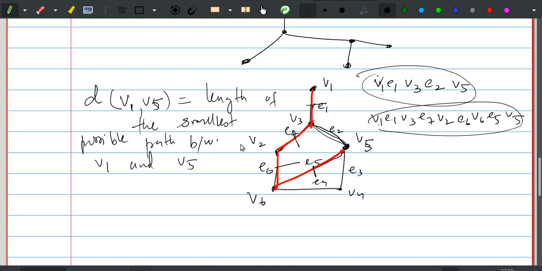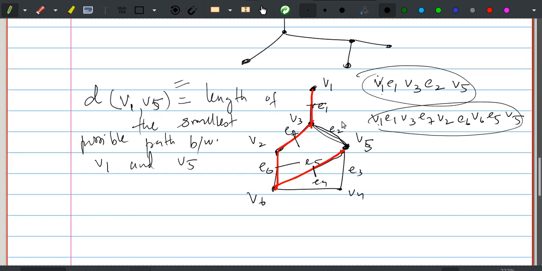If there is no path which connects v1 and v5, then this distance is defined to be infinite. So this number is infinite if we have no path between v1 and v5.